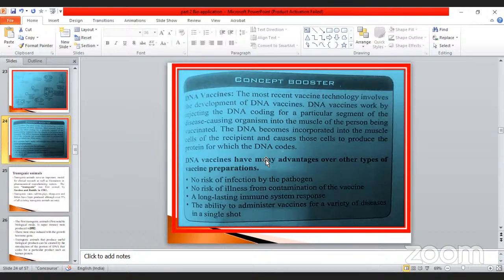See, DNA vaccines have some advantages over other types of vaccine preparation. This is also very, very important, my dear. Take examples like Covaxin and Covishield. What is the meaning?